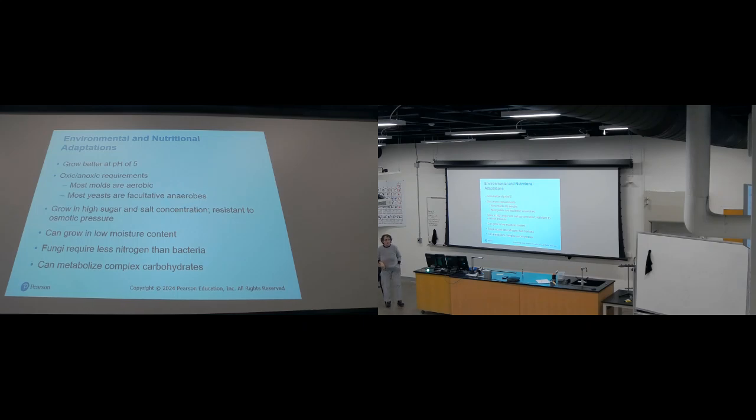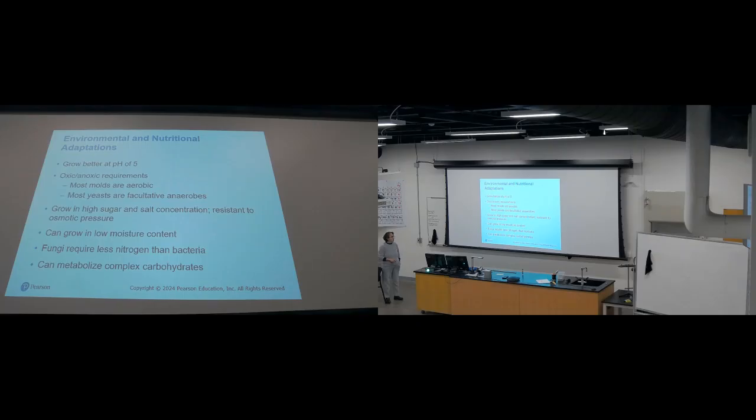And now in terms of growth, fungi live at very low pH, around pH 5, so they are acidophiles. And depending, of course, on the requirements and where they are located, they have to adapt. So they can be oxygenic or anoxygenic. For instance, molds are oxygenic, so they use aerobic metabolism, while most yeasts are facultative anaerobes, so they can live with or without oxygen.